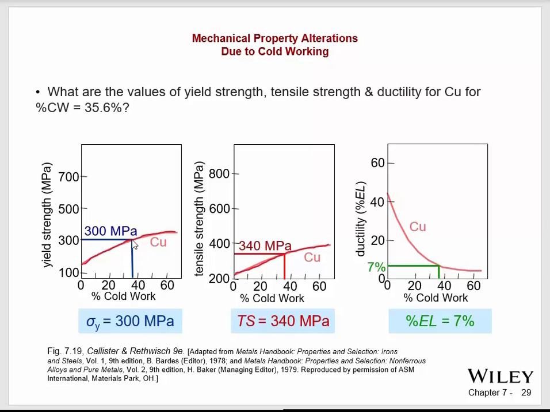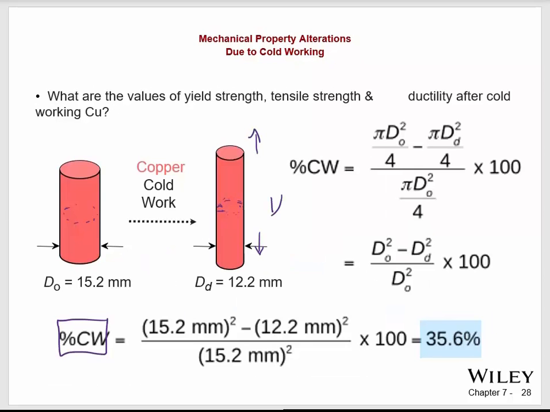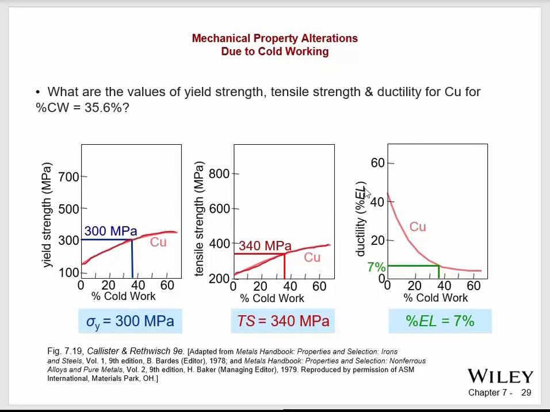Then this line, the 300 megapascal line here, is an anticipation. That is what we would expect to happen if we take our copper and we draw it out this much. We can use these three graphs to determine what we would expect the material properties to be of our cold worked copper.